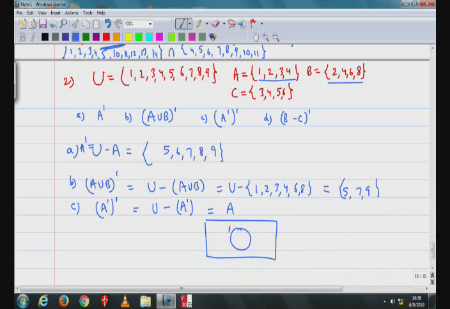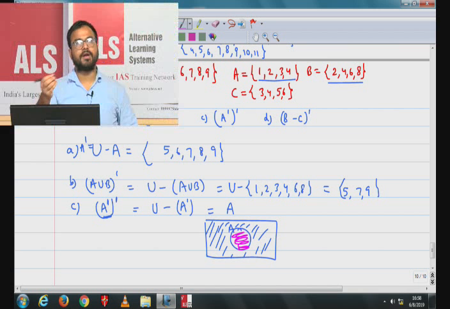Like this is A. So complement means first of all whatever is the set we have to subtract it from U. So subtract the complement of A from U. This is the complement of A, the outside region. If we subtract this region from the total rectangle, we will be left with this one. So that is again A. So complement of complement is again the same set itself.